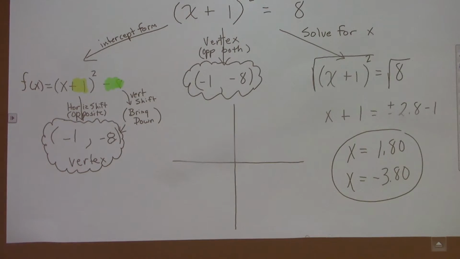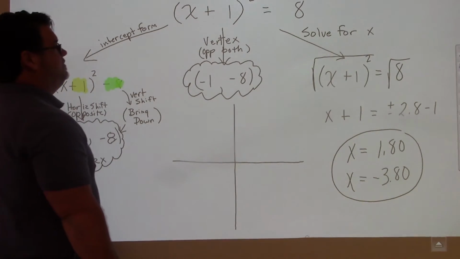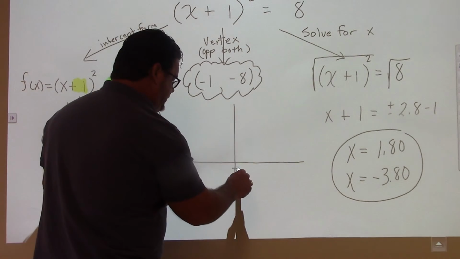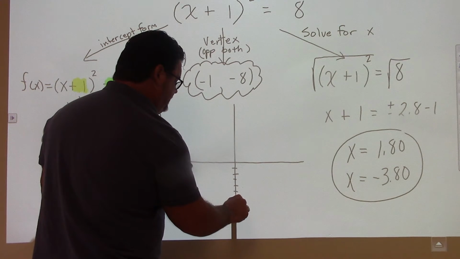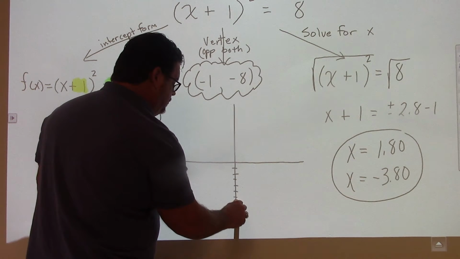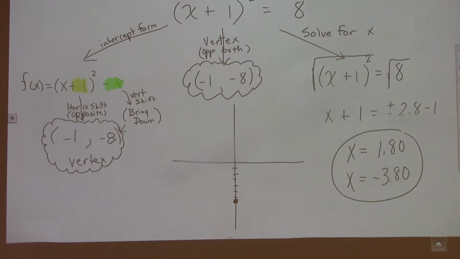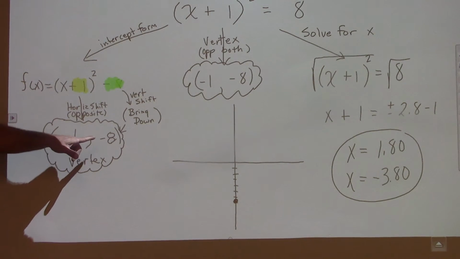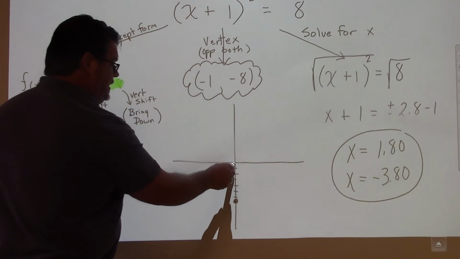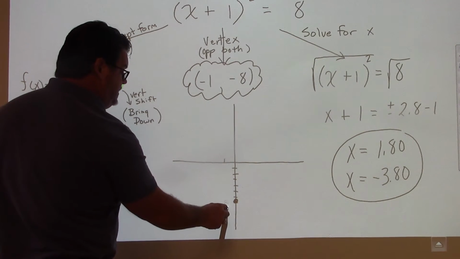Positive 7? Negative. No, I think it was positive 7. Yeah, negative, you're right. 1, 2, 3, 4, 5, 6, 7. Negative 1, negative 8.